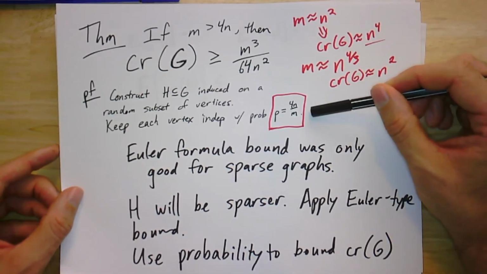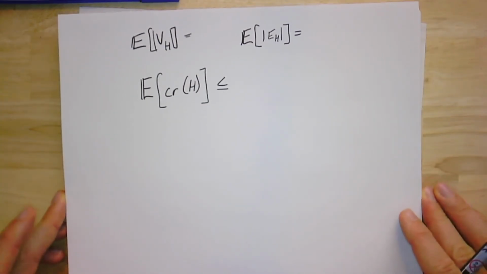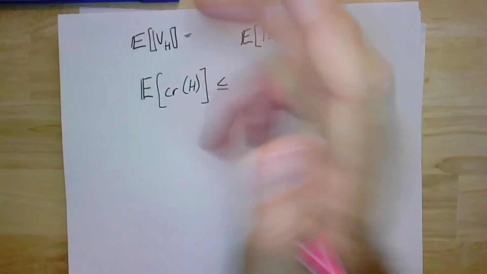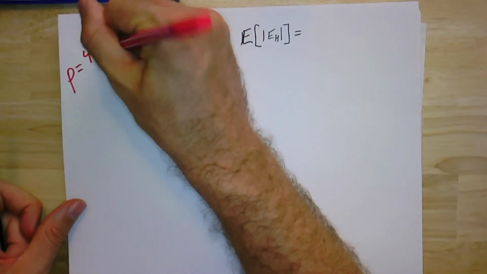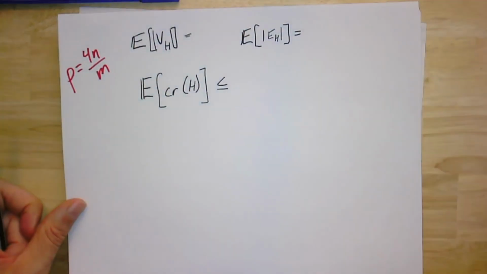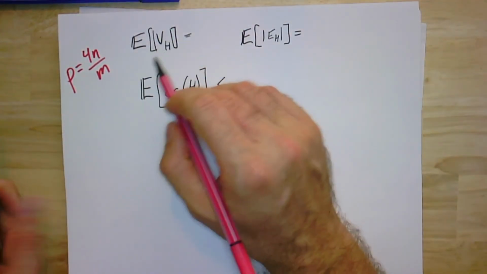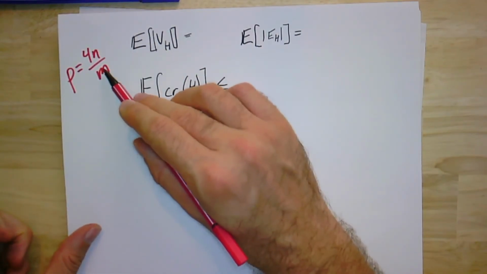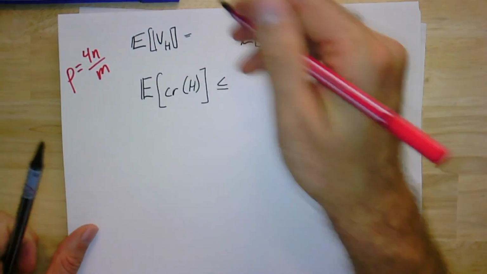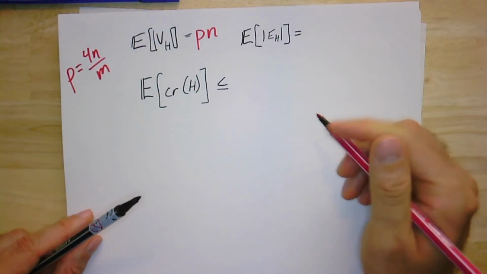And once you set up this process of forming subgraphs, you can pretty immediately make some strong statements about what you expect to see in the graph H. Here's what I mean. If I were to ask how many vertices does H have, let me also remind you what the probability is. It's 4n over m, is that right? Yes. And so if I sample each vertex and keep it with this probability, then I expect to see pn vertices, right?